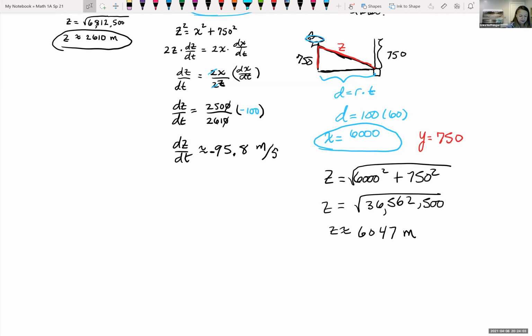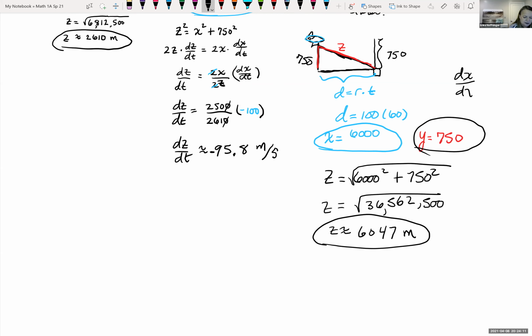Because we're going to do the exact same thing that we were doing before. Our rate of change, dx dt, because it's going away, it's positive. So we know z squared is equal to x squared plus 750 squared. That's not changing.